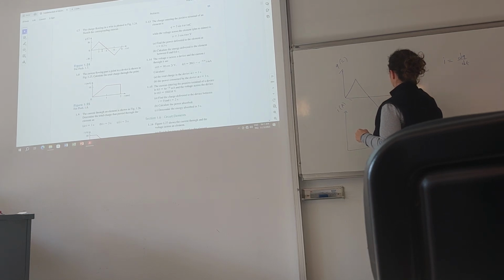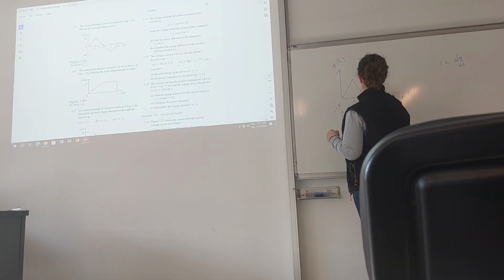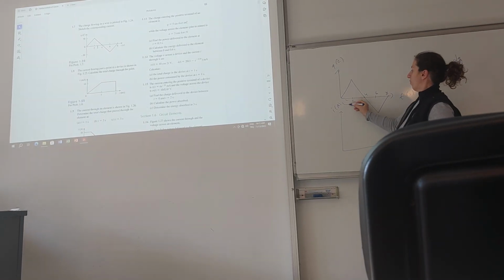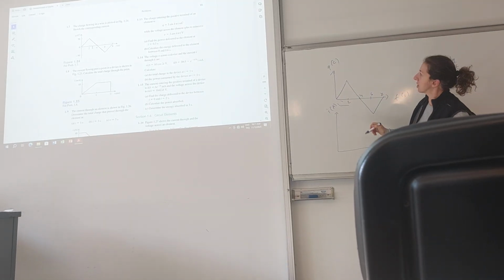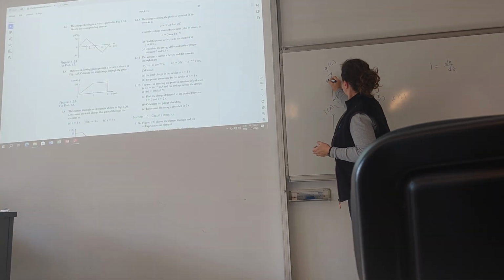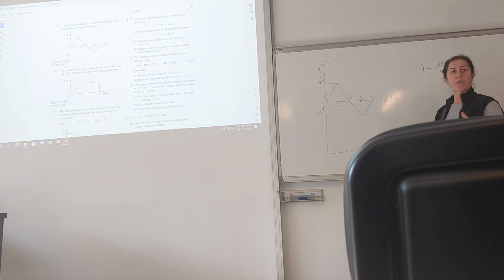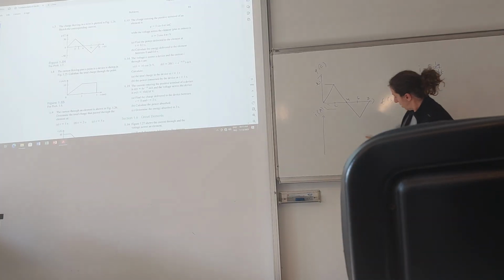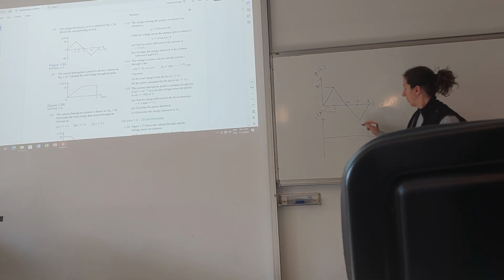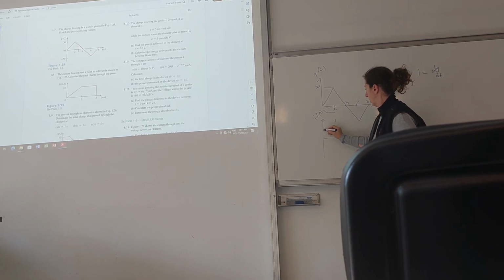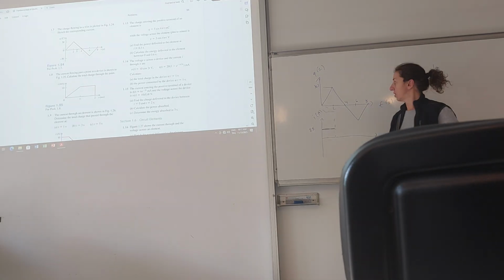1, 2, 4. So for the first 2 second period, our slope is constant and it's just 50 divided by 2, 25. Which means our current for the first 2 seconds would be 25 amps.